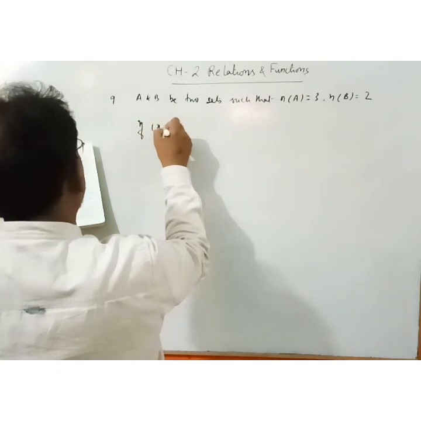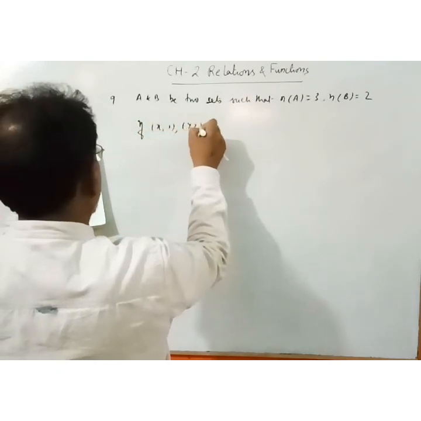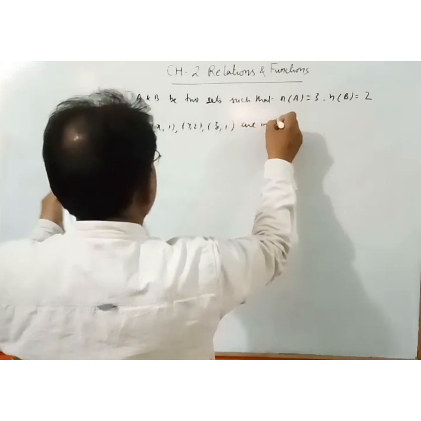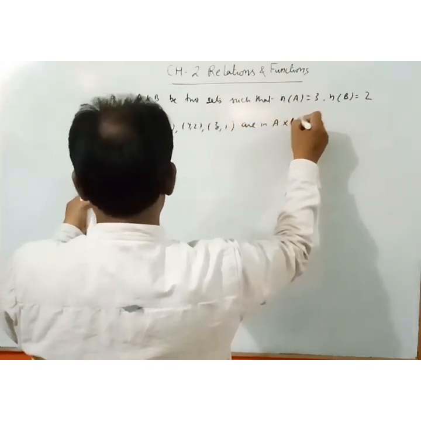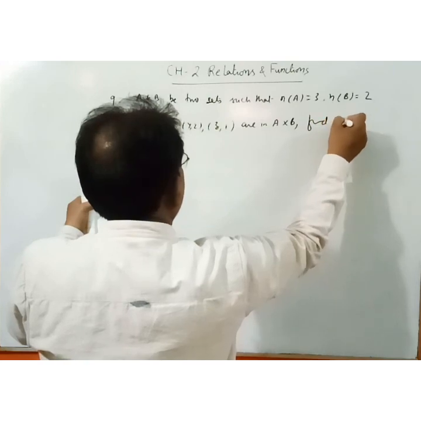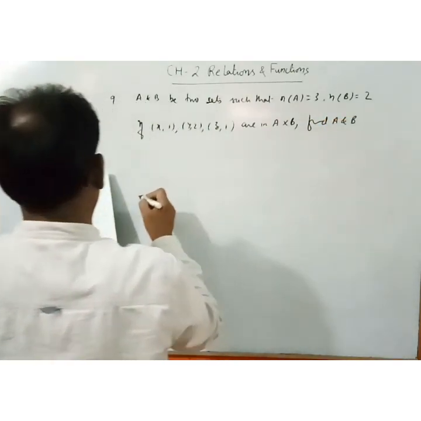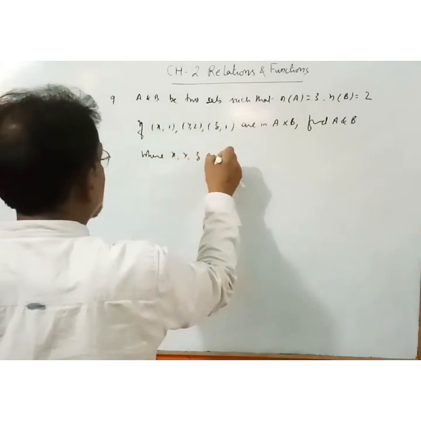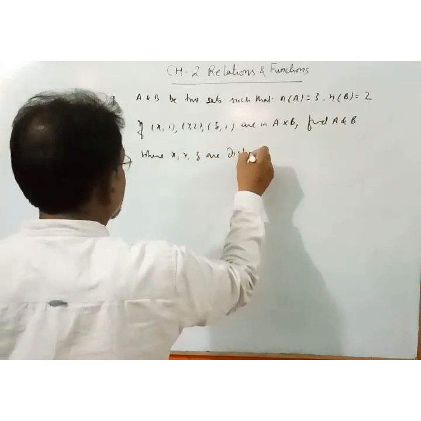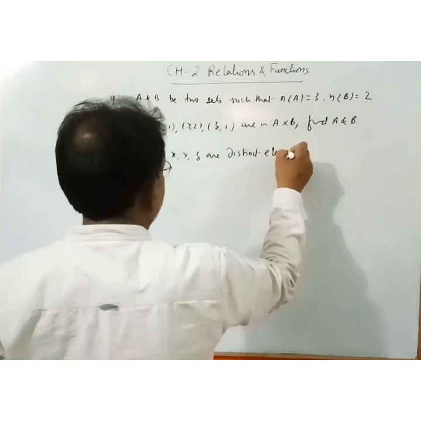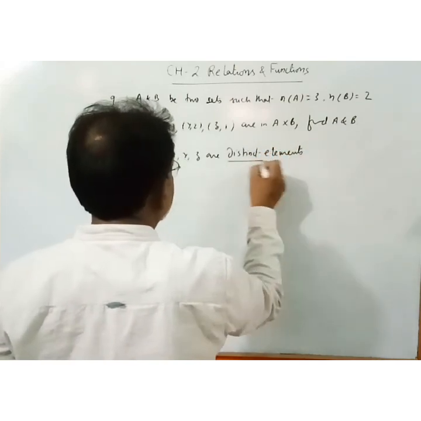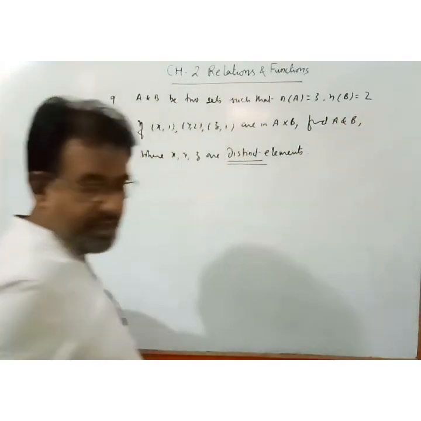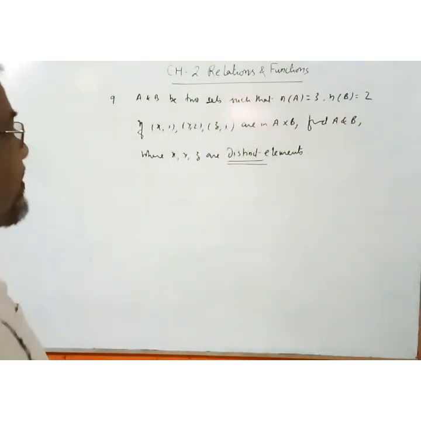If x, 1, y, 2, z, 1 are in A cross B, find A and B, where x, y, z are distinct elements. Distinct elements मतलब they are different. They can never be the same.